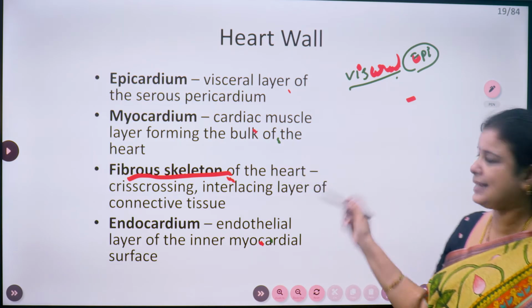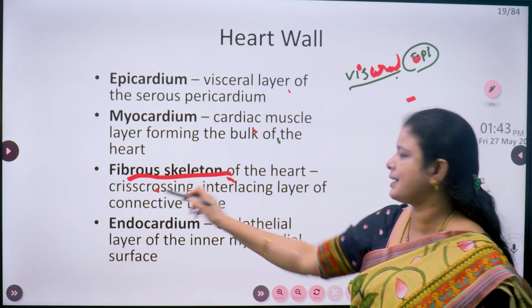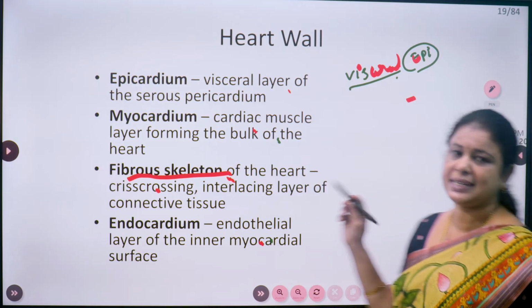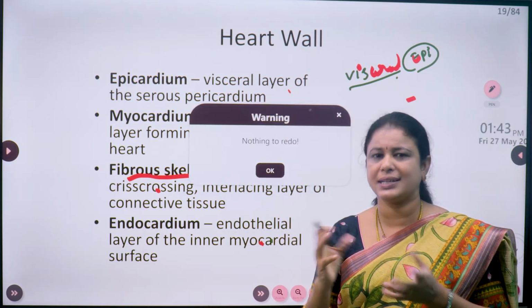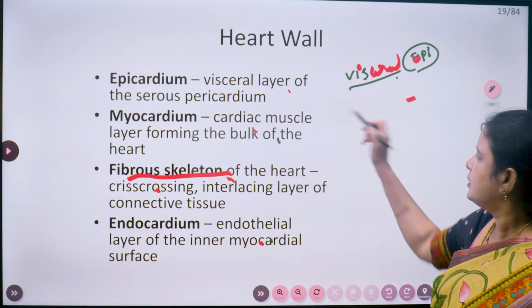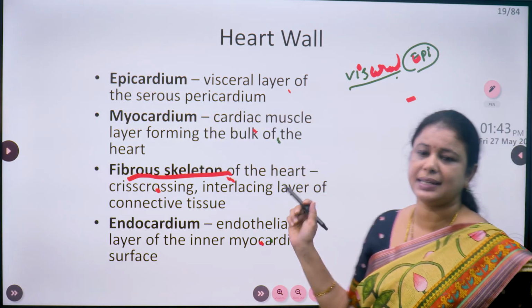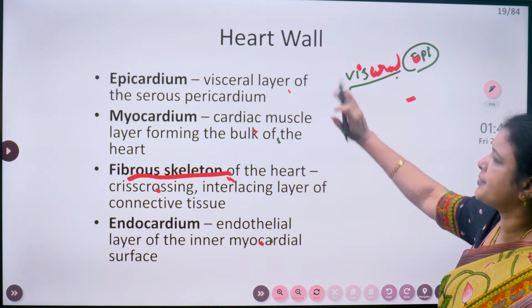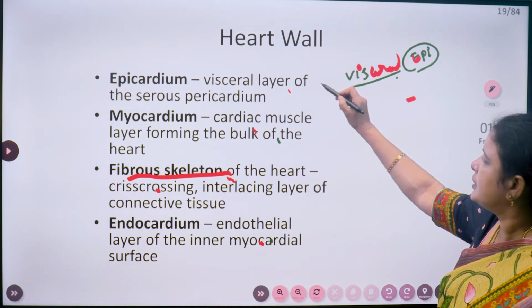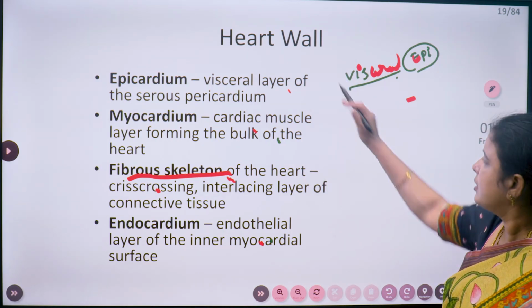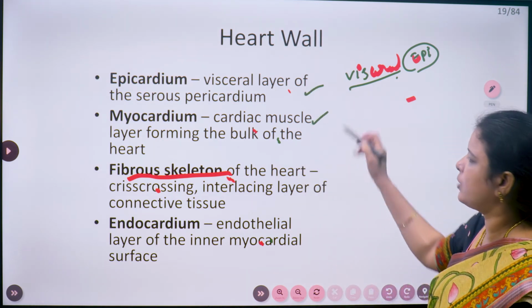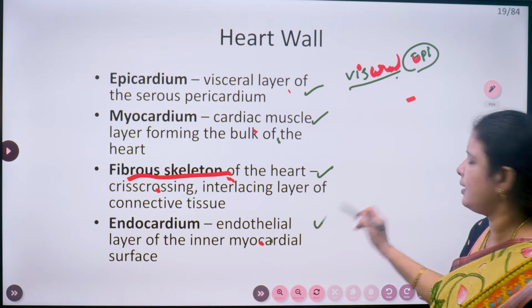The fibrous skeleton of the heart has crisscrossing, interlacing layers of connective tissue. So the layers found in the heart wall are the epicardium, myocardium, fibrous skeleton and endocardium.